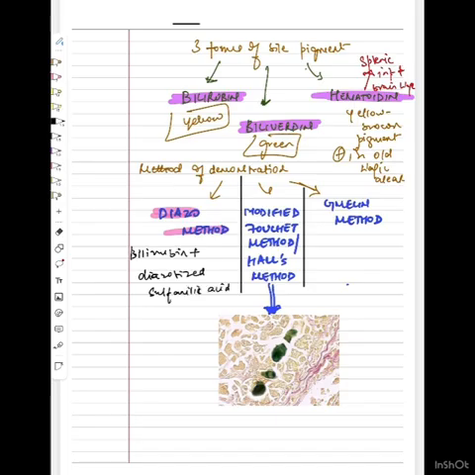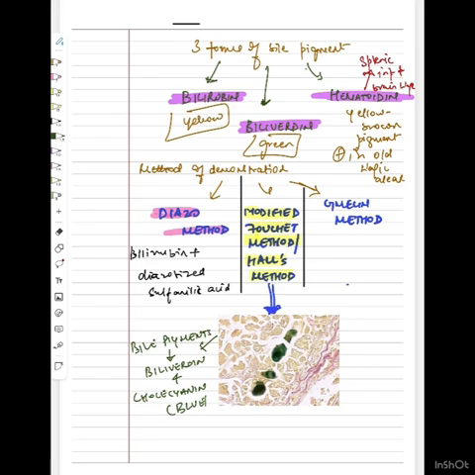The next is the modified Fouchet's method or the Hall's method. So here what happens is, these bile pigments are converted into the green color of biliverdin and cholecyanin. This cholecyanin is blue in color.